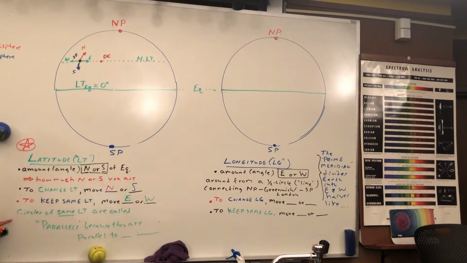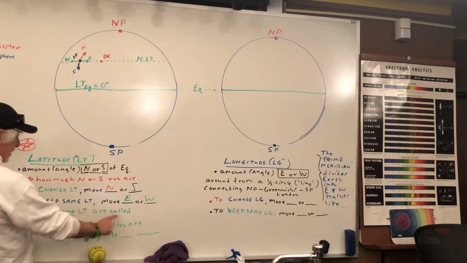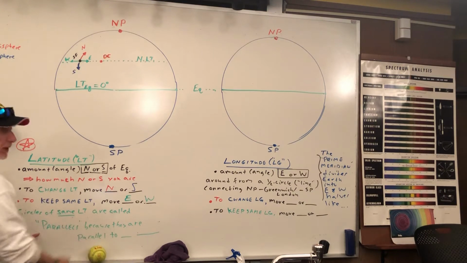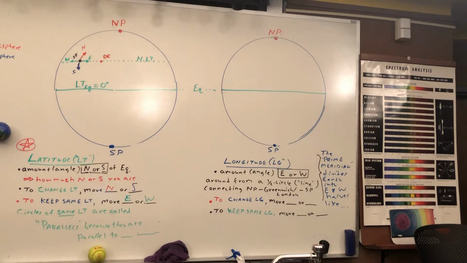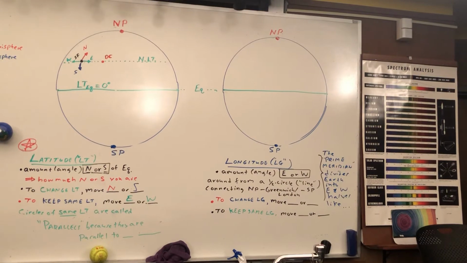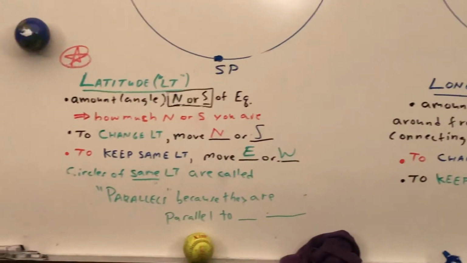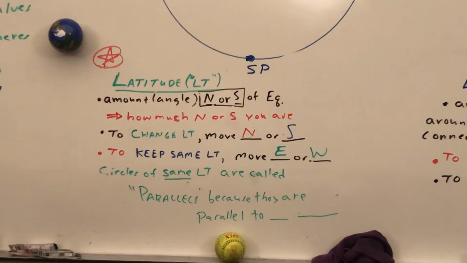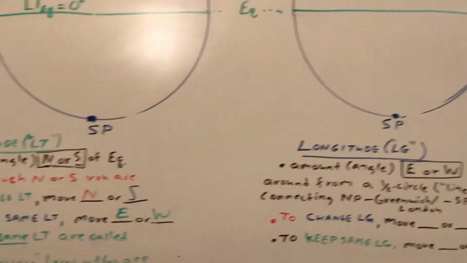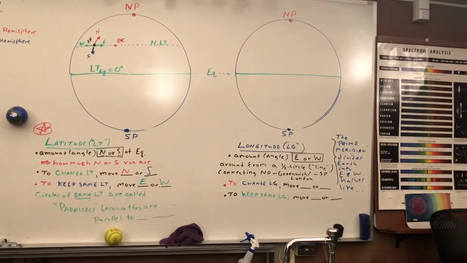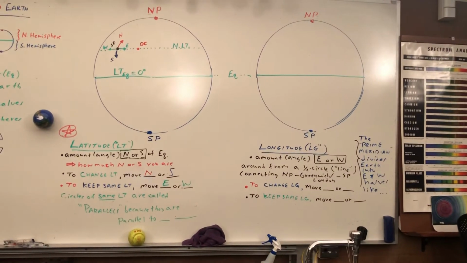Now, I'll say this. Circles of the same latitude are called parallels because they're parallel to what? What are they parallel to? You've got that in there, right? You can pause this if you need to. Parallel to, that's right, the equator.